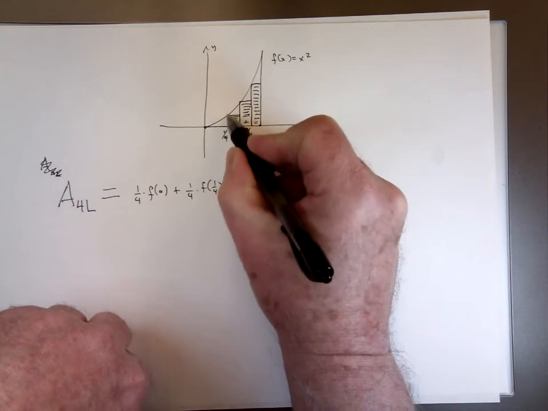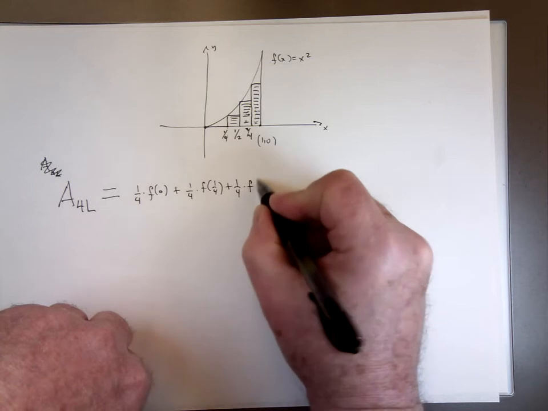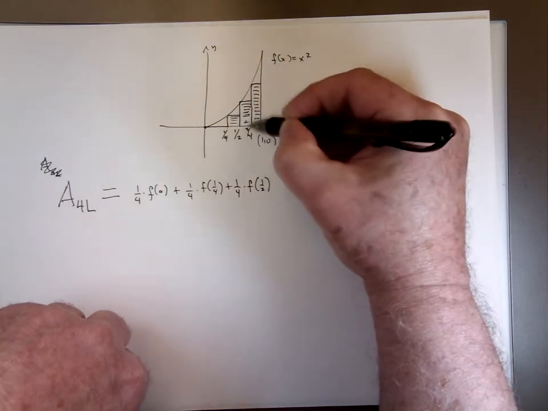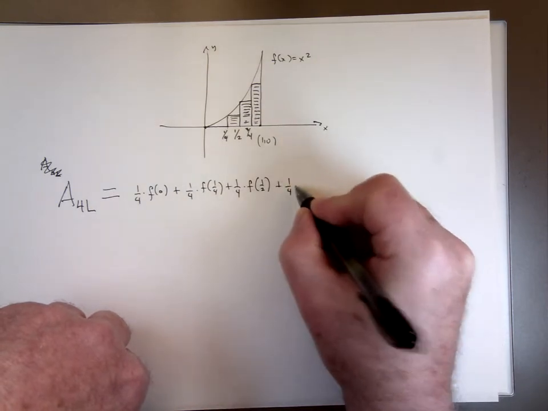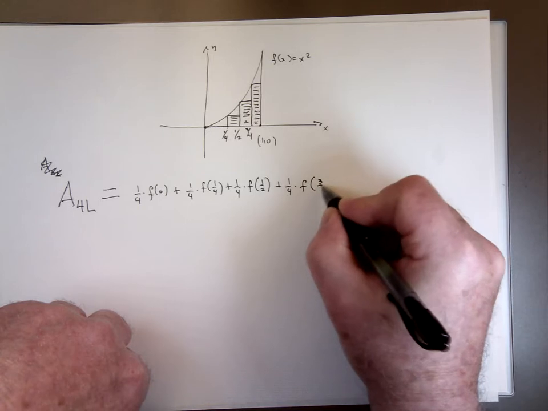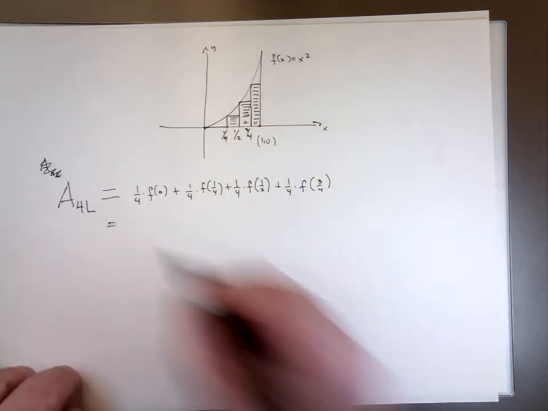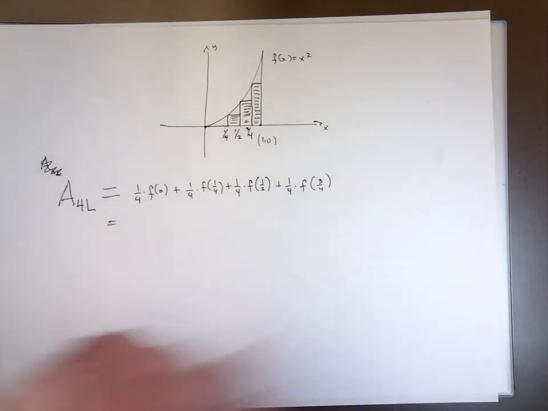Next one is 1/4 f of 1/2. That's this height right here. That's this rectangle right here. Plus 1/4 f of 3/4. In terms of 4 left endpoint rectangles, that area, which is an approximation for the total area, is 1/4.